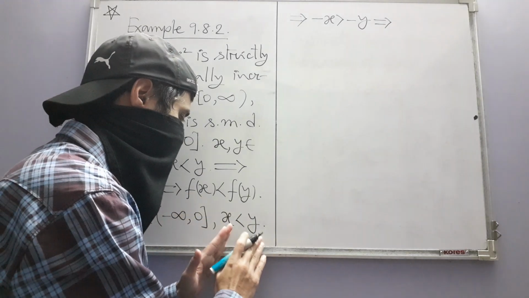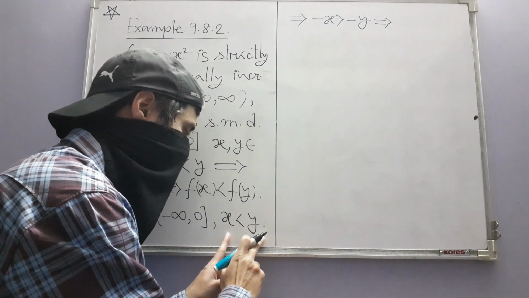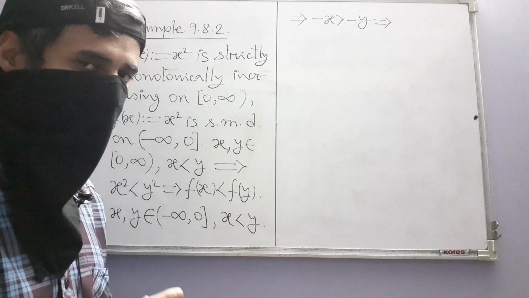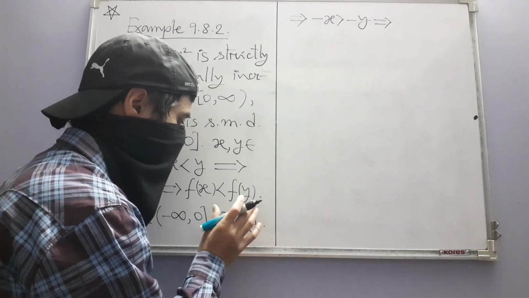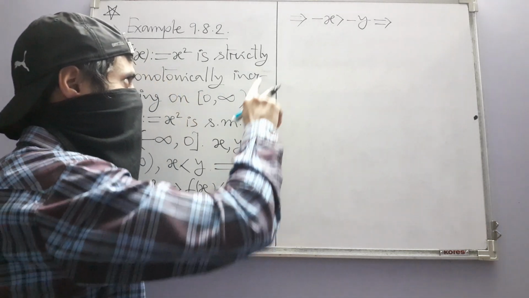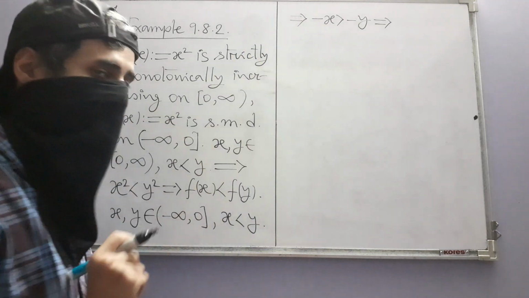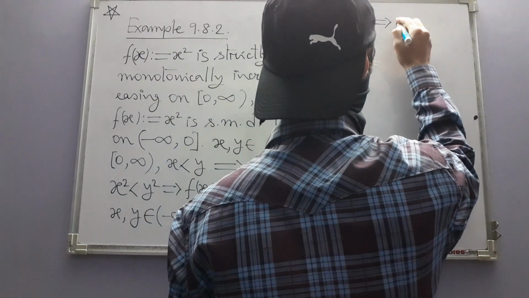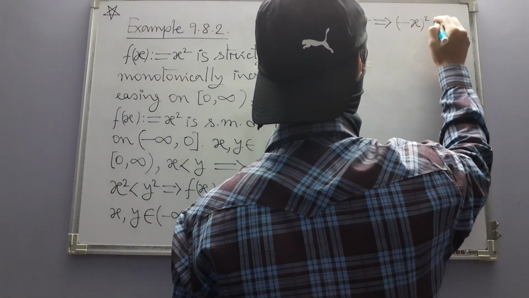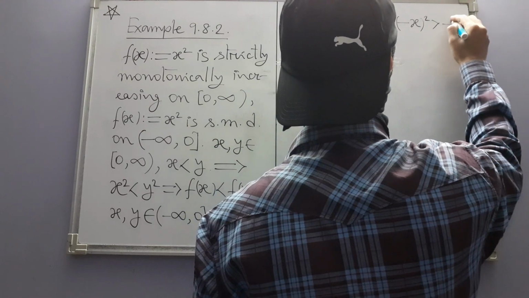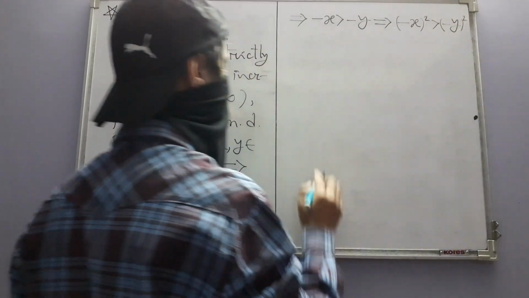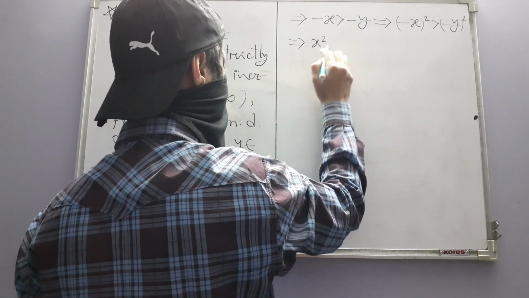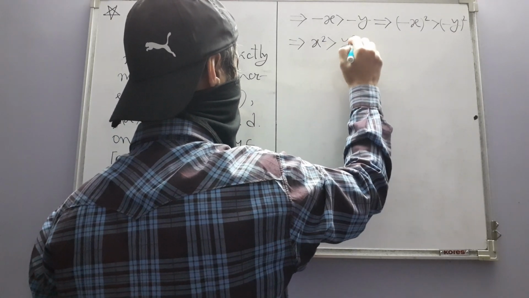Let me say it correctly: here we have non-positive real numbers, and the possibility of y being 0 may be there. But after multiplying by -1, we have non-negative real numbers. And now we can square on both sides, and the inequality will not be reversed. But we also know that (-x) square is x square and (-y) square is y square.